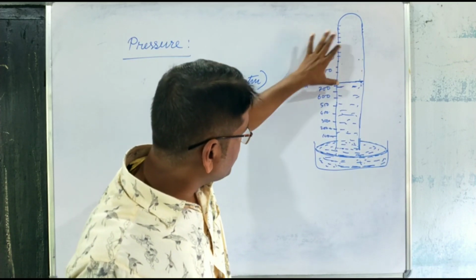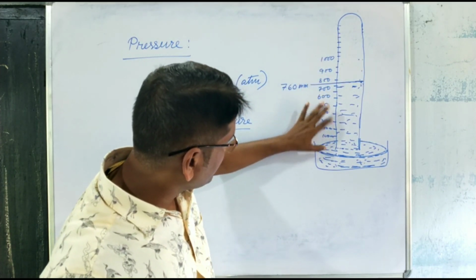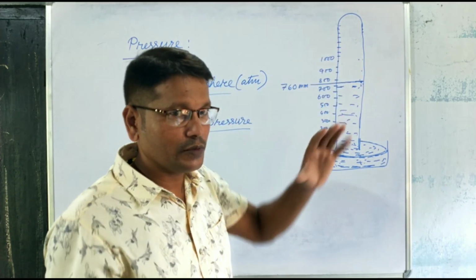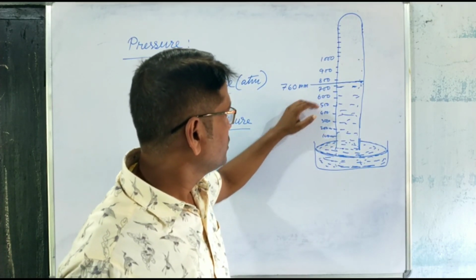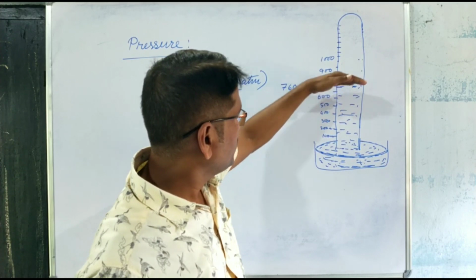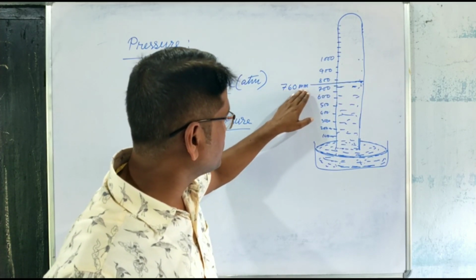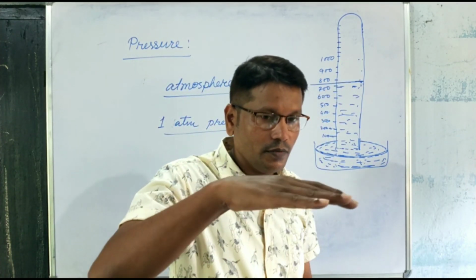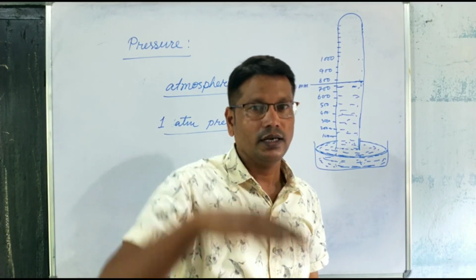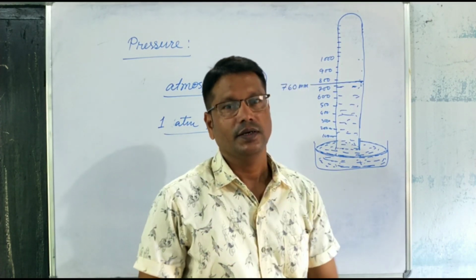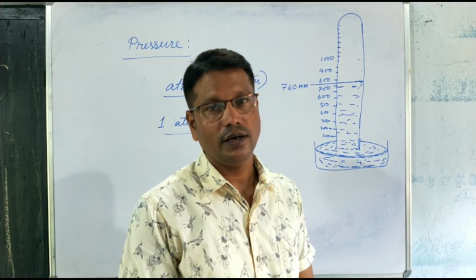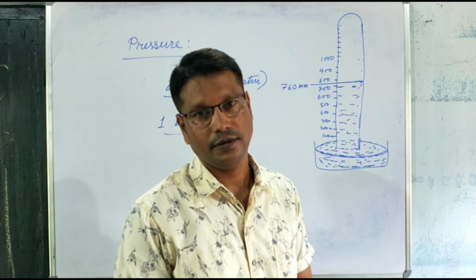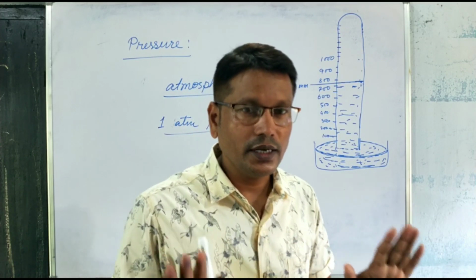On the scale marked on the glass tube filled with mercury, when the height of the mercury column is at the 760 millimeter level, then the atmospheric pressure is called 1 atm pressure. Is it clear now?